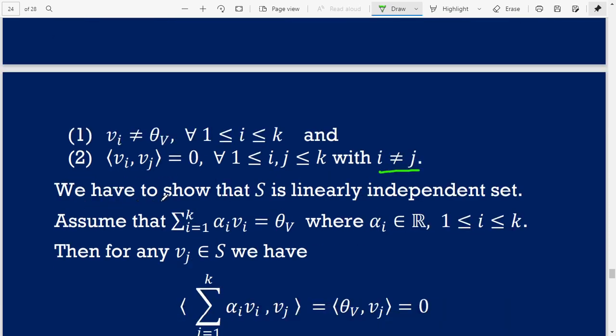So here we have to show that S is a linearly independent set.